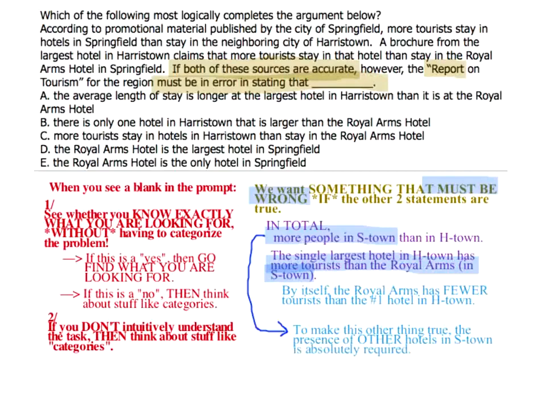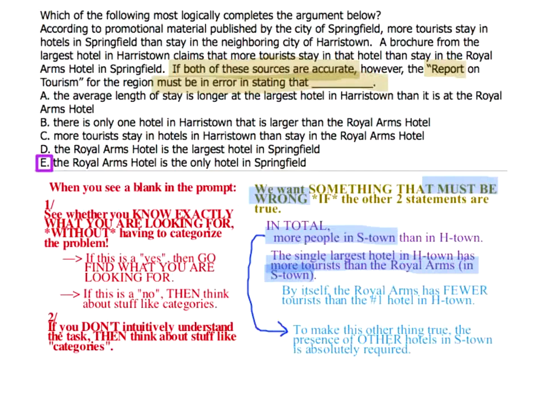Because if the Royal Arms is the only game in town, then you can actually find one hotel in H-town that literally had more people than everybody in Springfield. So that means that E is the thing that is impossible. So, yes, this is from GMAT.